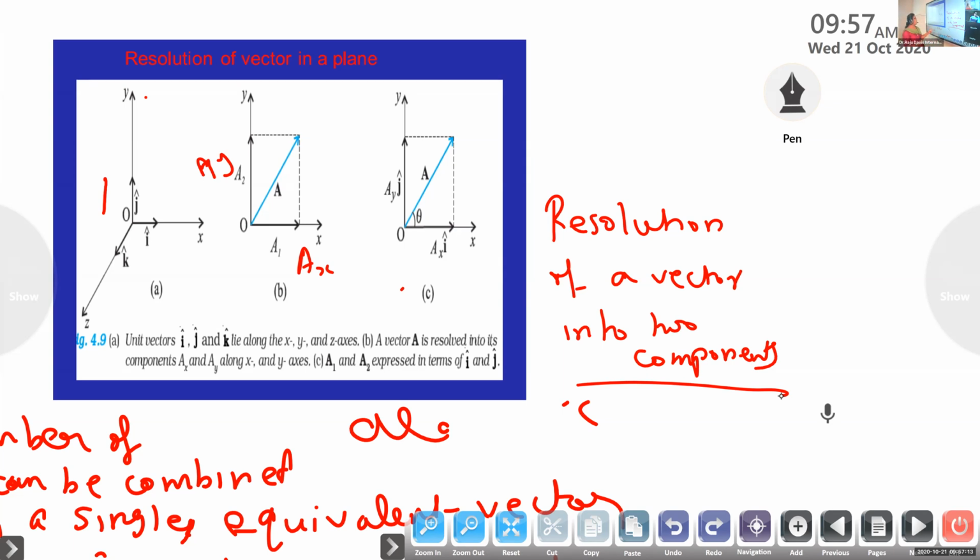We can also get the angle in terms of A1 plus A2. But since the vector is inclined, we have to include cos theta, sin theta, all that. So please draw this figure under this heading. Once you derive the first two components, for the third component there is no need of derivation. You can just write it.